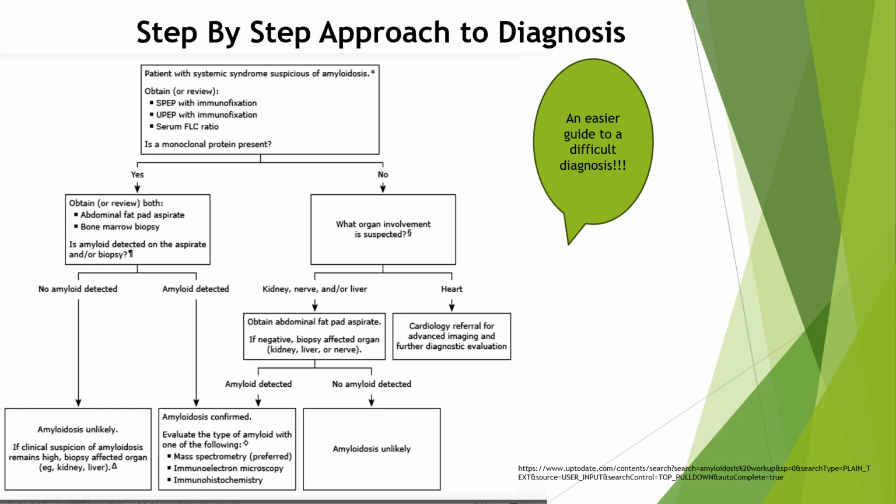Apart from that, if there is kidney, nerve, or liver involvement, then again we'll go with the abdominal fat pad aspirate, and if negative, then a biopsy of the affected organ will be done. If amyloidosis is detected, then we'll head with the following tests, which include mass spectrometry, immunoelectron microscopy, and immunohistochemistry. But if it's not detected, then that means amyloidosis is unlikely.